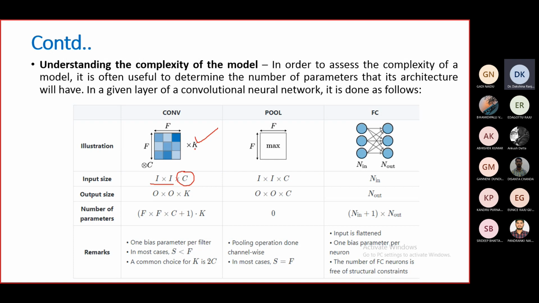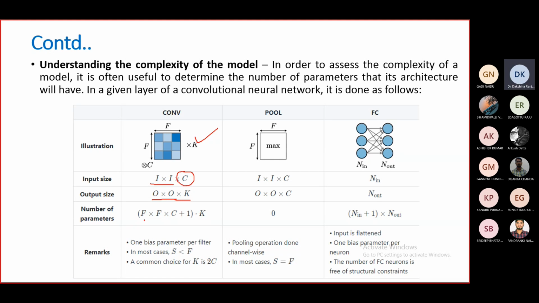Why K? Because we are using K number of filters, so for one filter we obtain an O into O dimension feature map, and for K filters used for convolution, the output volume of the feature map becomes O into O into K. If we stick to this dimension of the input volume and the output volume of the feature map, including the dimension of the filter and the number of filters, then the total number of parameters becomes (f into f into c plus 1) into k.